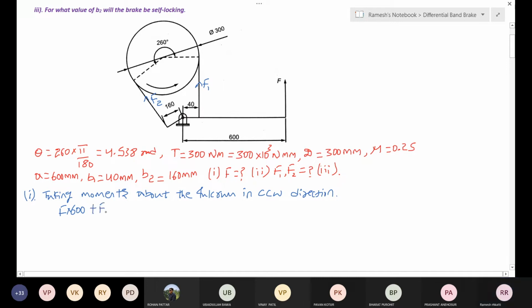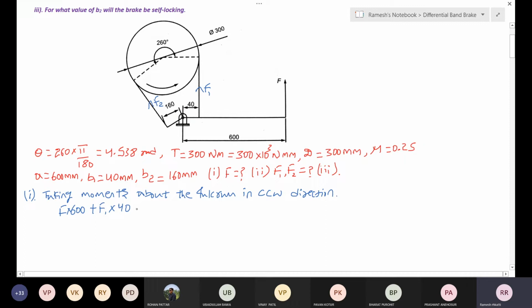F1 into the distance, which is 40. F1 into 40. Whatever F2 is there, it is rotating in clockwise direction.